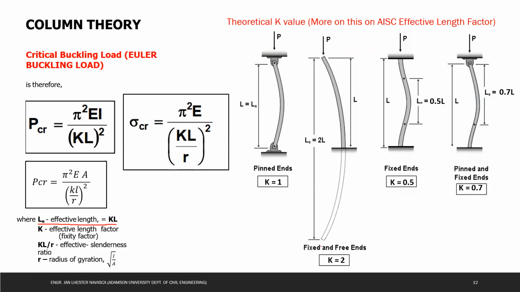If we have a fixed end and a free end, we have an effective length LE that is twice L. So what is the length that we are measuring?